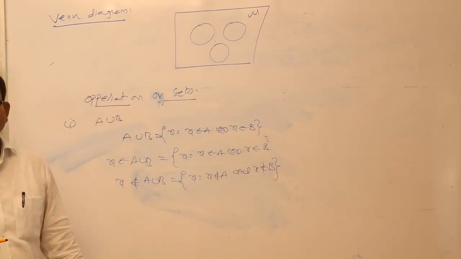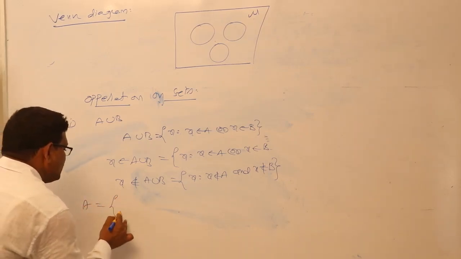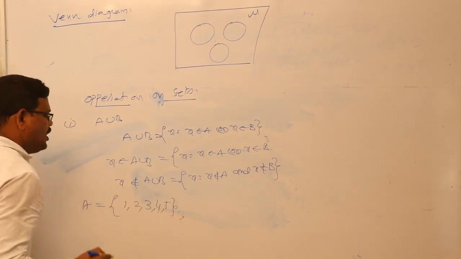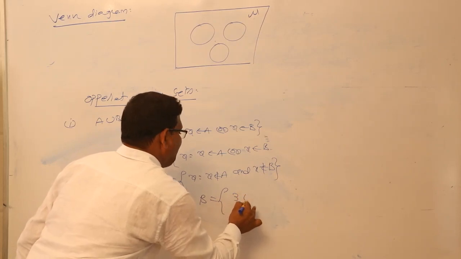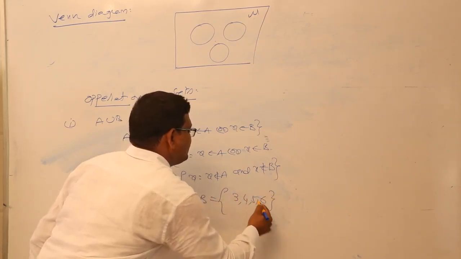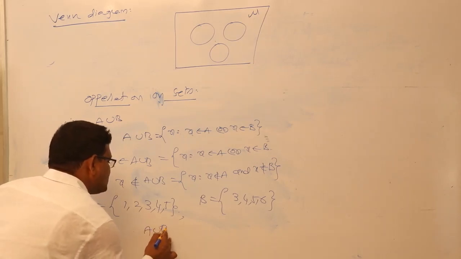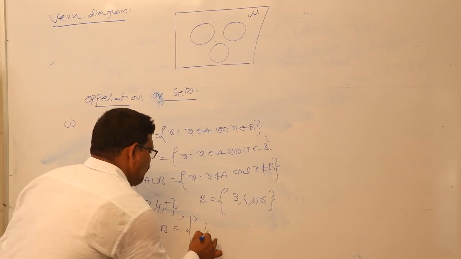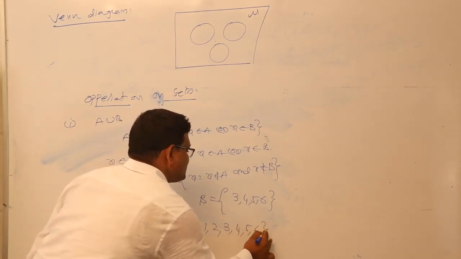For example, if A equals the set of 1, 2, 3, 4, 5 and B is the set having 3, 4, 5, 6, then A union B equals the set of 1, 2, 3, 4, 5, 6.